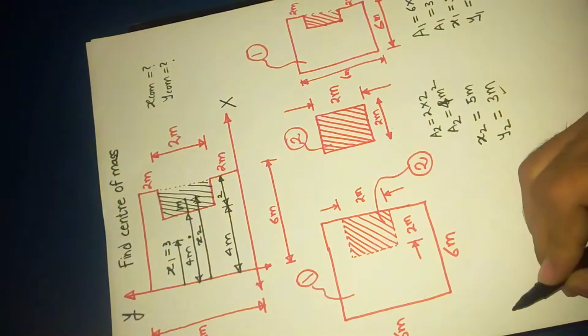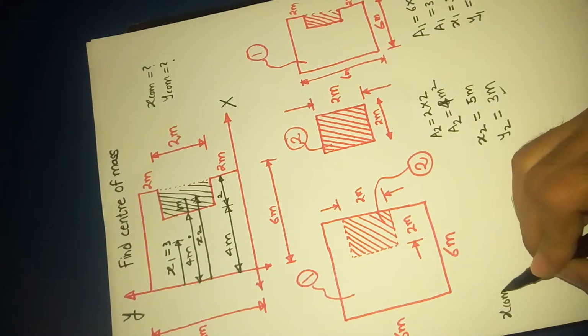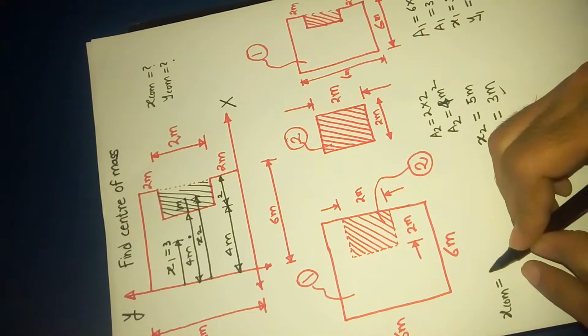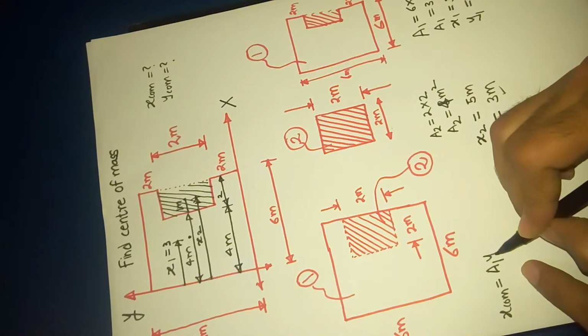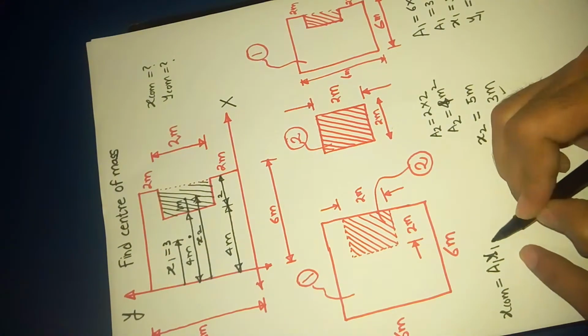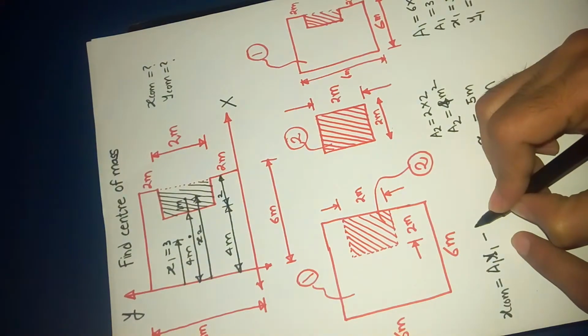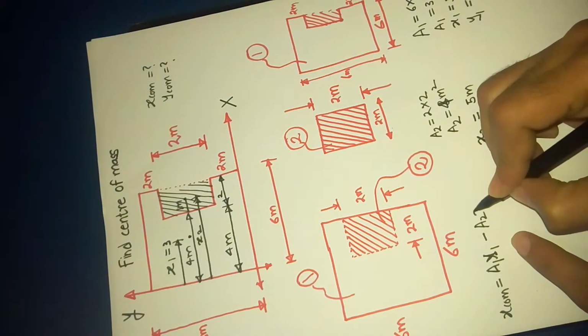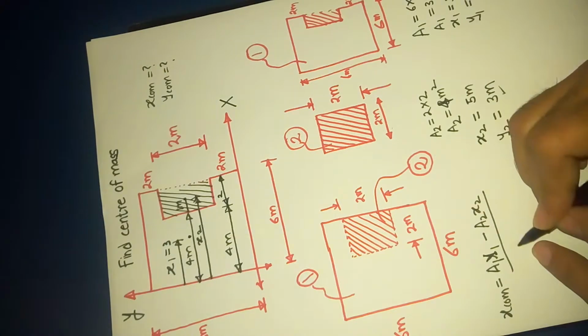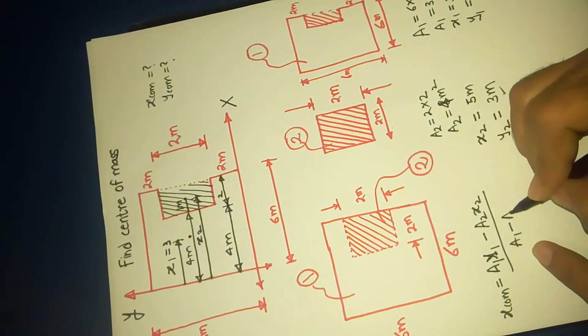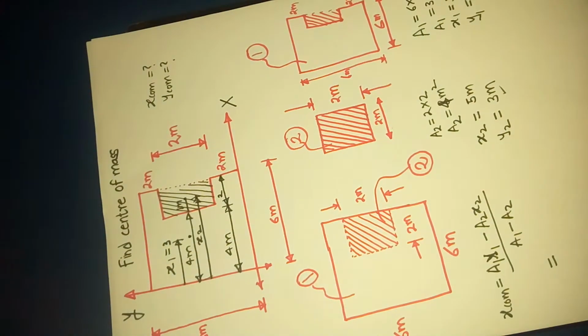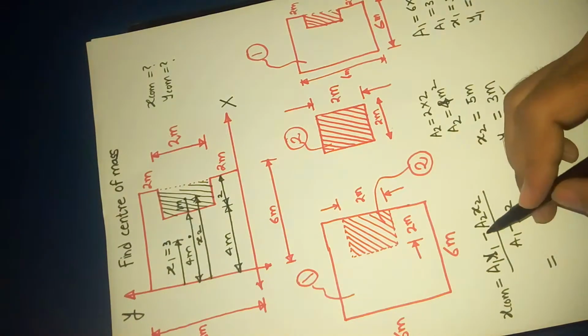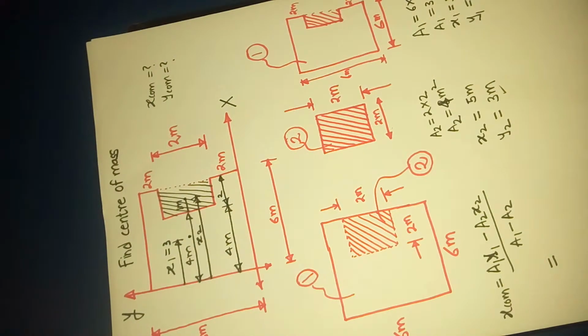So we know the formula now. X center of mass we can get by putting the formula A1 x1 minus A2 x2 divided by A1 minus A2. Some people may be thinking why I have put a minus sign, because most of you have seen the formulas with a plus sign.